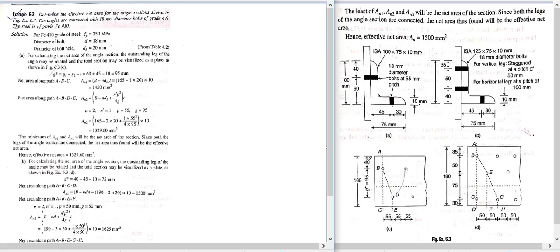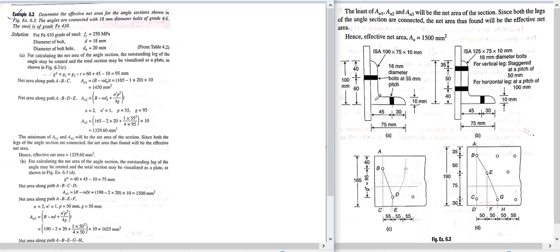Okay, so B is equal to, so total is 165 minus n times DH. Because in this path there is only one bolt, that's why n into DH, where DH is the hole diameter. So there is a total length along this path, so you have to multiply the thickness of this plate. Because this is not simply a plane, it is a plate, no?